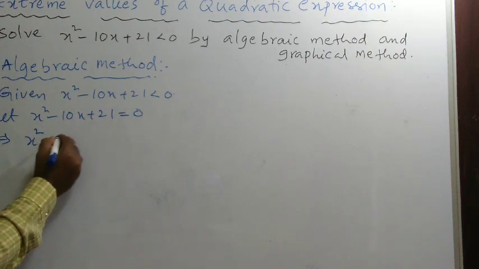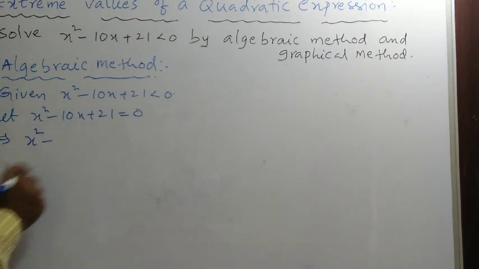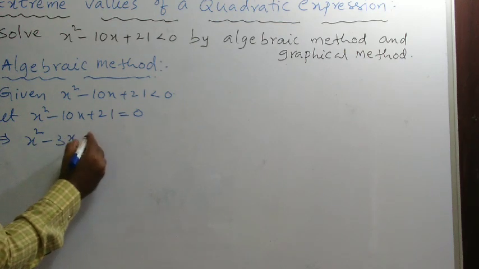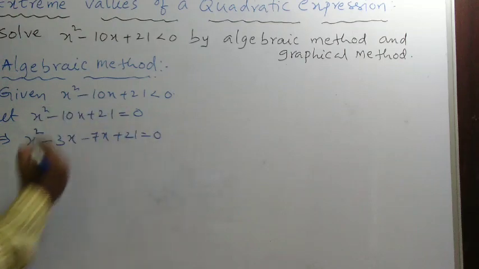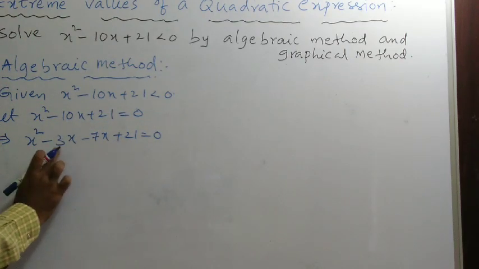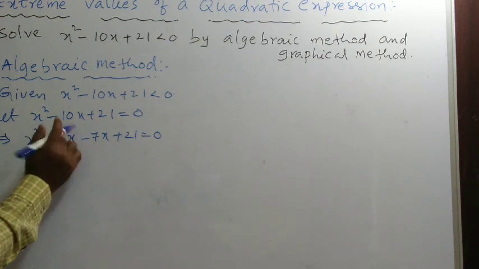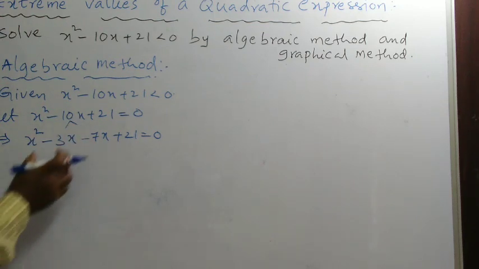Hence let me split this minus 10x into minus 3x minus 7x and plus 21, which is equal to 0. See, if you add minus 3x and minus 7x, we get minus 10x.